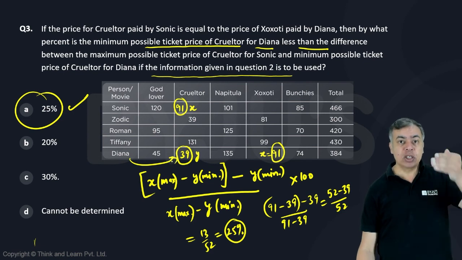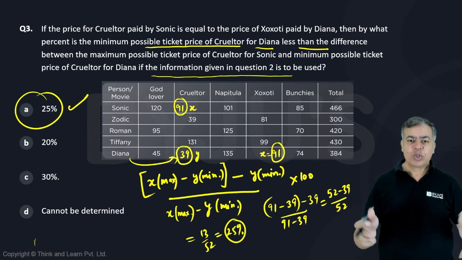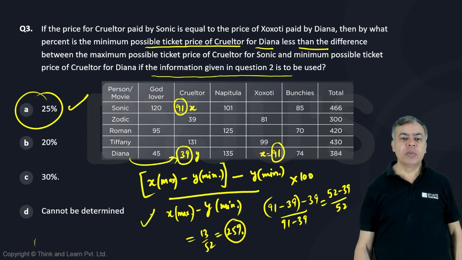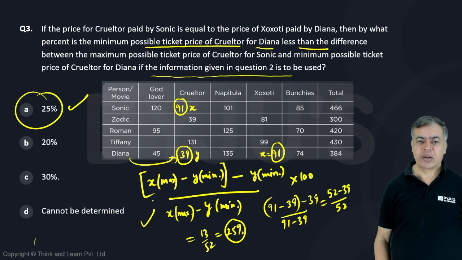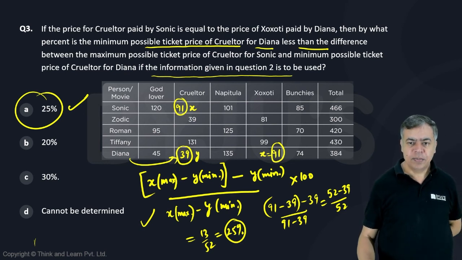So minimum possible value of y as a percentage of the difference. So percentage of the difference, so denominator should be the difference. So yes, 25% should be your correct answer.